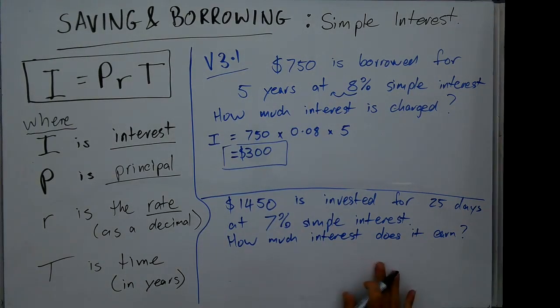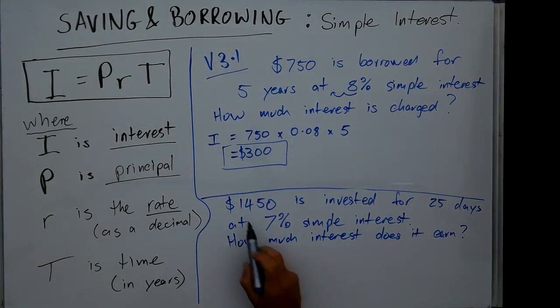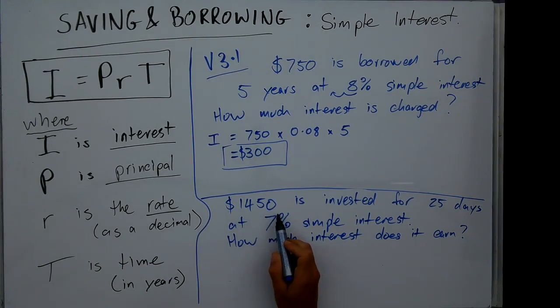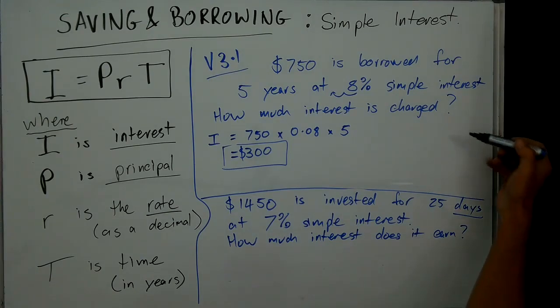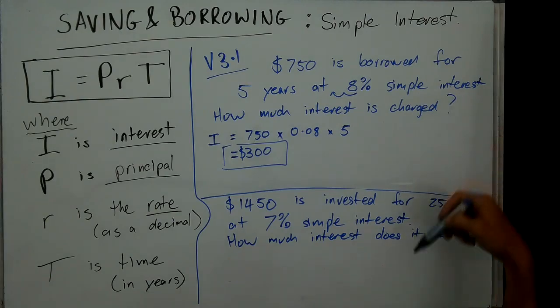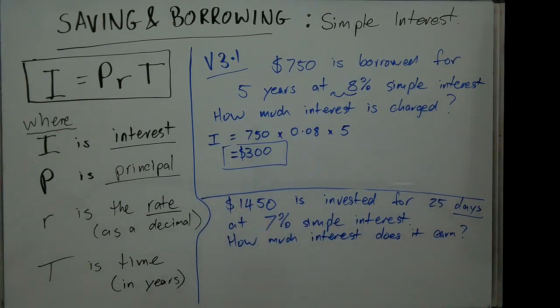Okay, for the second example, we've got $1,450 is invested for 25 days at 7% simple interest. How much interest does it earn? So saving and borrowing, we use the same formula.